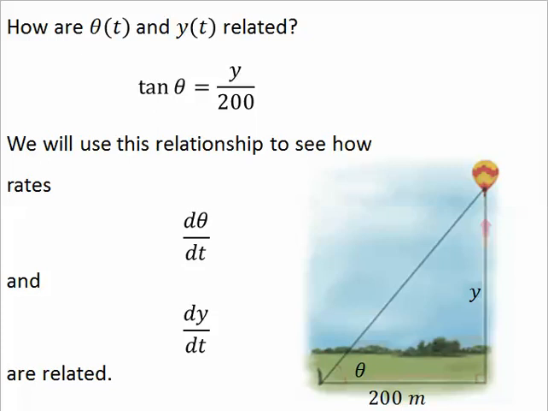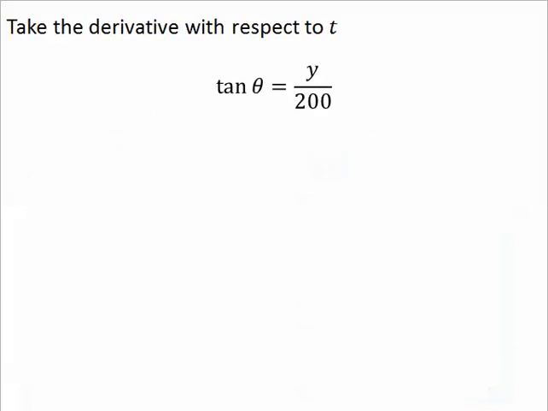So how does the rate of change of angular elevation change in relation to how the height changes? So we're going to take the derivative with respect to time. Now the derivative of tangent is secant squared, and then of course use the chain rule, so times d theta/dt.